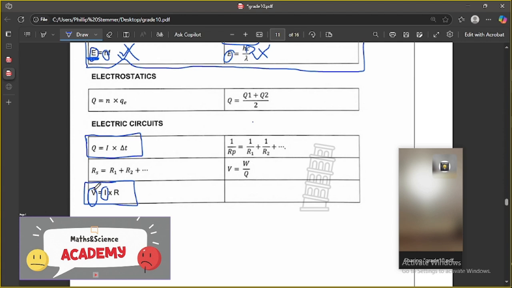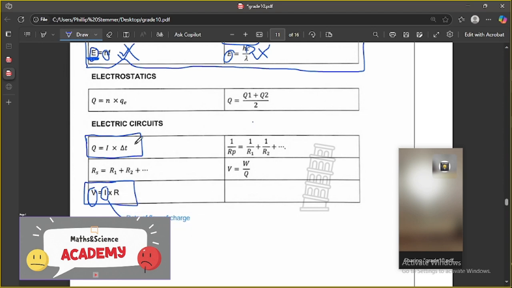So we have a definition: current is the rate of charge. Meaning current, I, is measured in amperes.